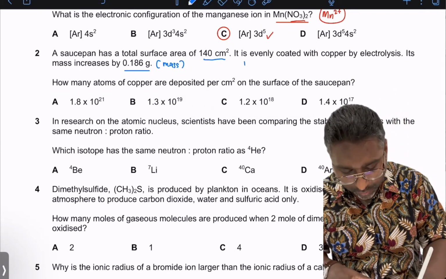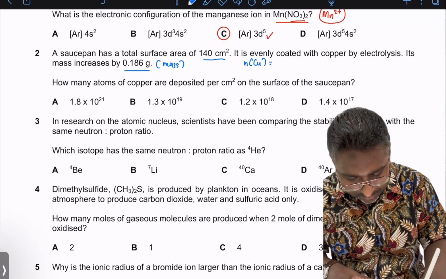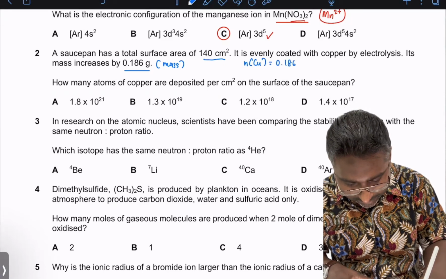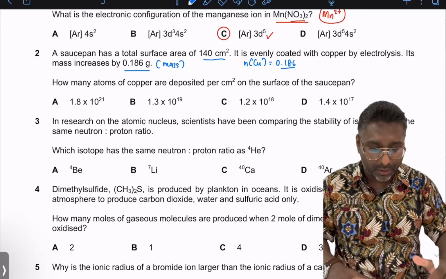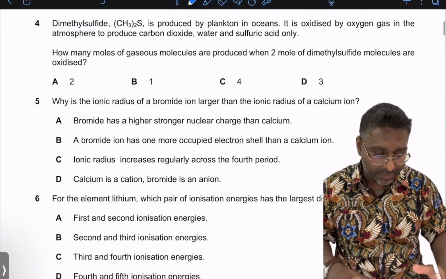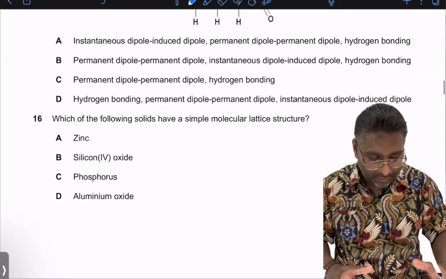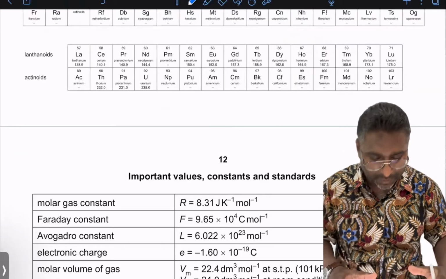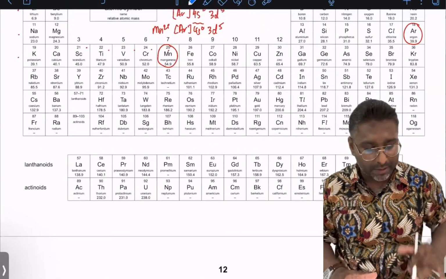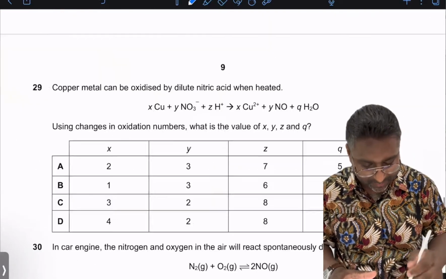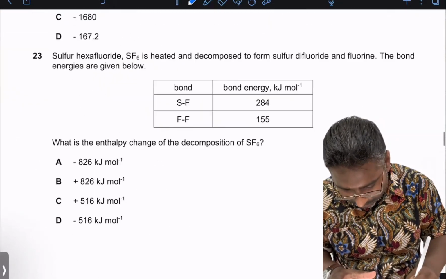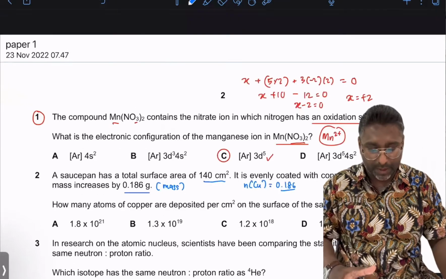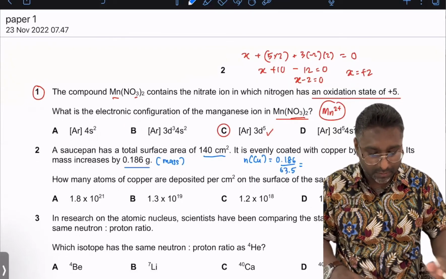That is 0.186 divided by the mass of copper. Looking at the periodic table again, copper is 63.5, so we just use that value.